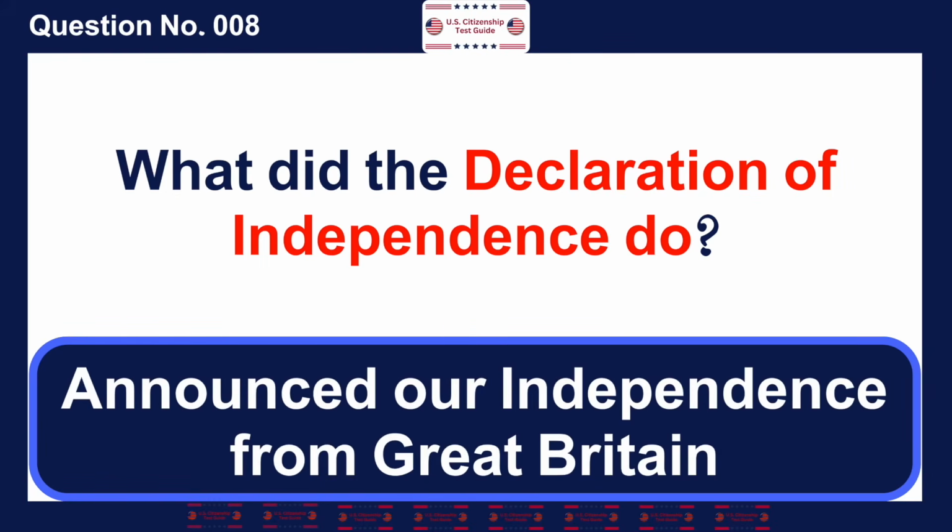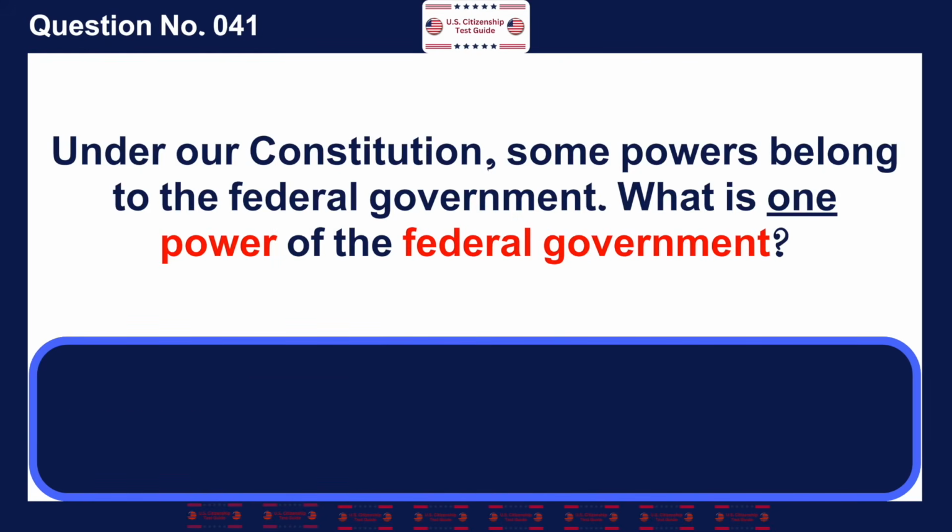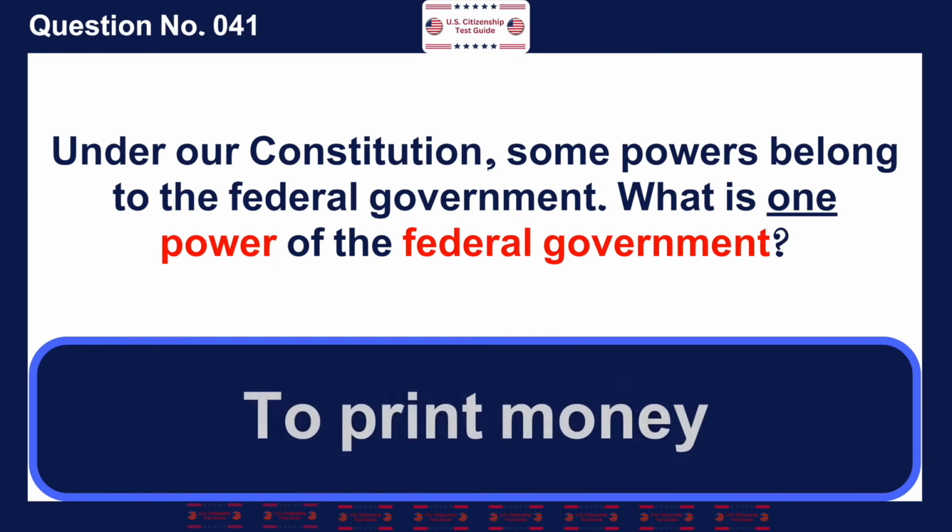Announced our independence from Great Britain. Under our Constitution, some powers belong to the federal government. What is one power of the federal government? To print money.